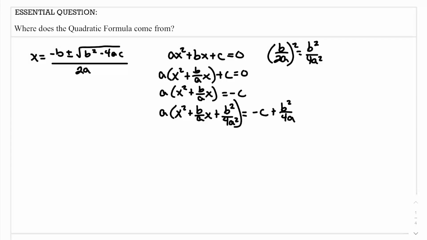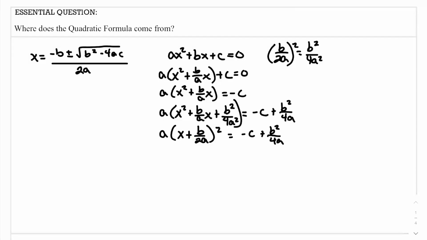So now we want to factor our parentheses. So we end up with x plus b over 2a squared, and we have negative c plus b squared over 4a. Then we want to divide by a, because we want to isolate this x.